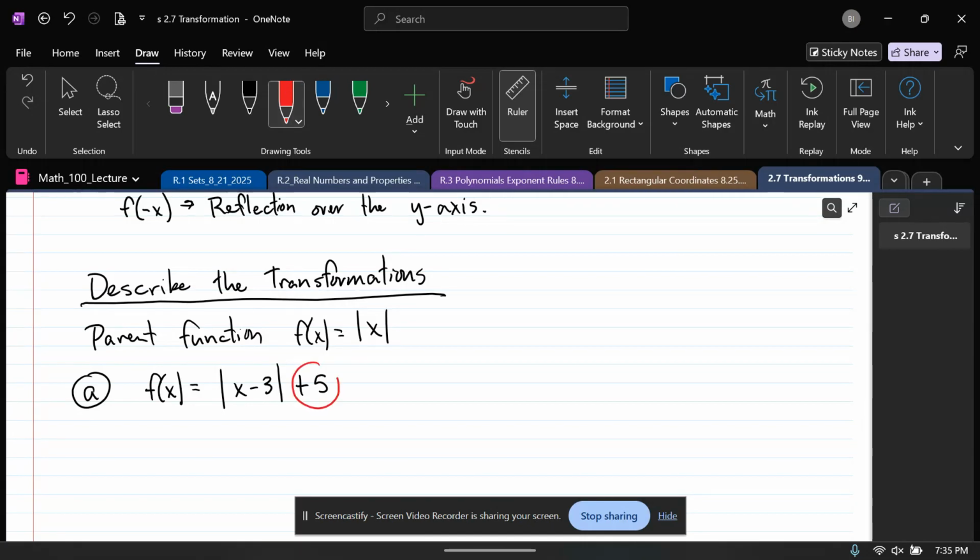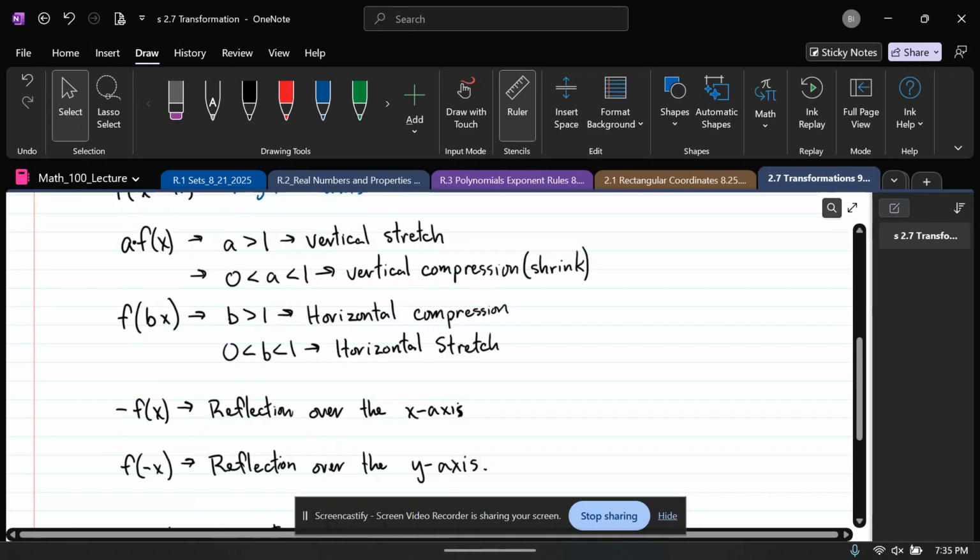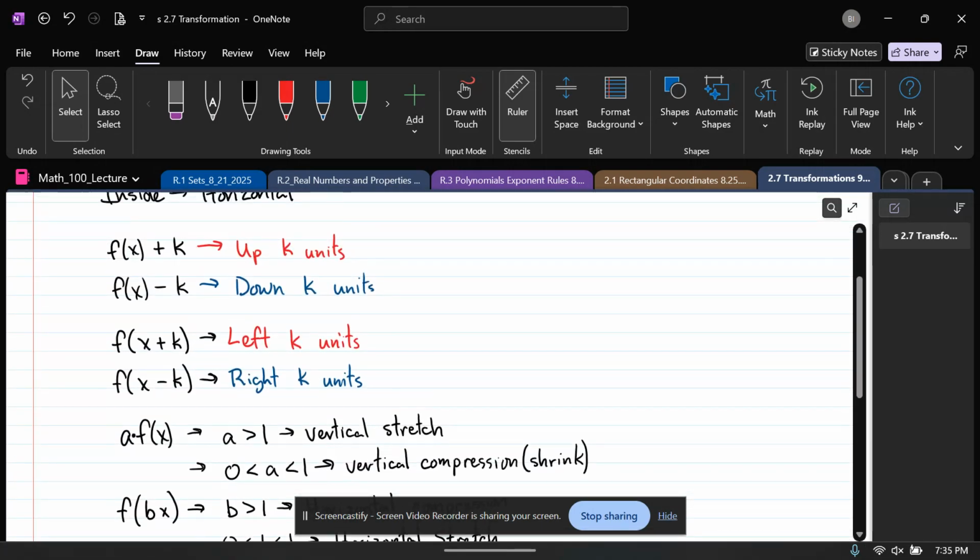What does this plus 5 on the outside do to the V shape that the absolute value graph is originally? Up 5. The other one is the minus 3 on the inside. What does it do? Nope. On the inside. Go back up there to your minus on the inside. Move it right 3 units. Right 3 units.